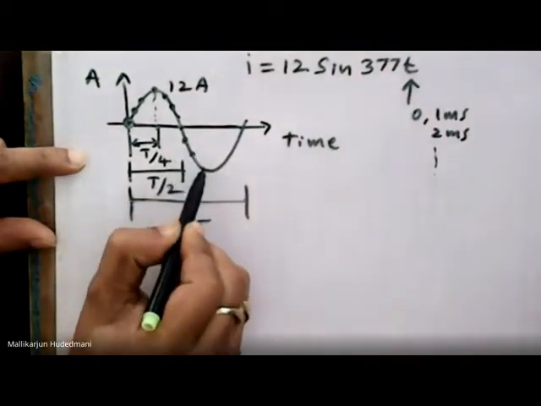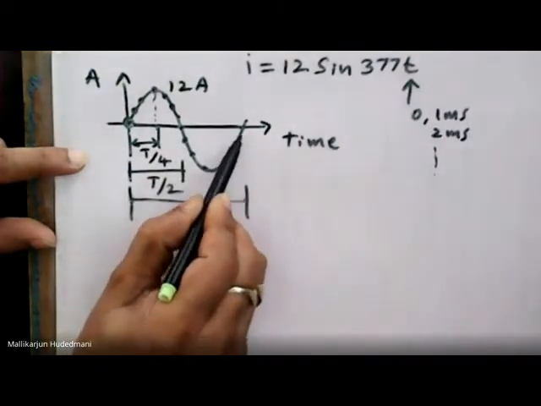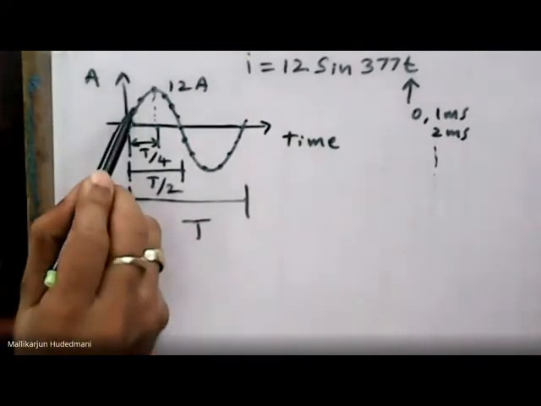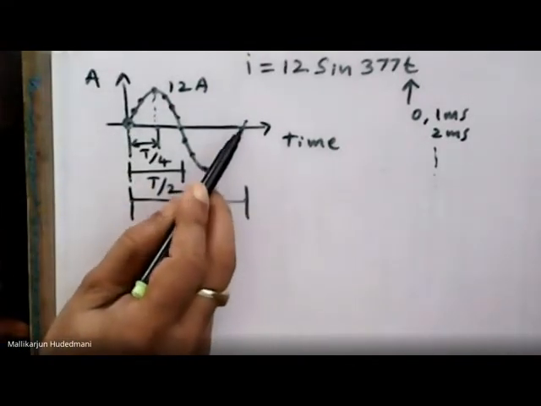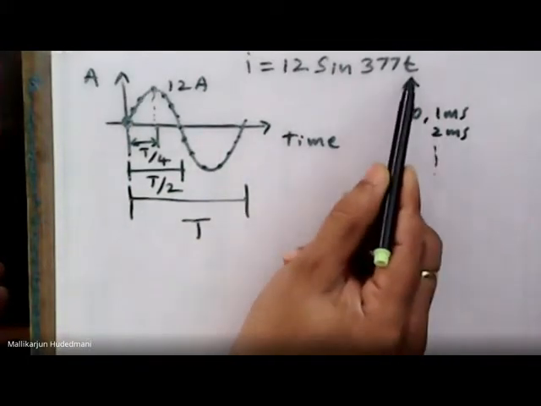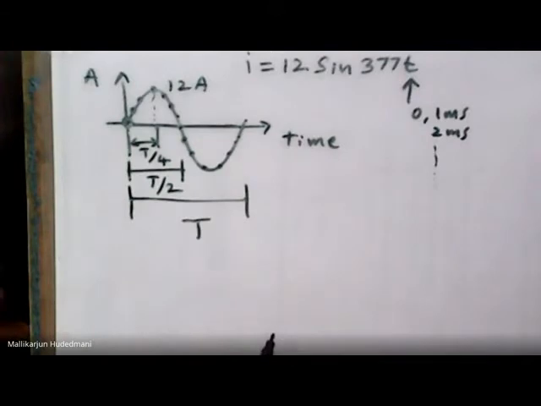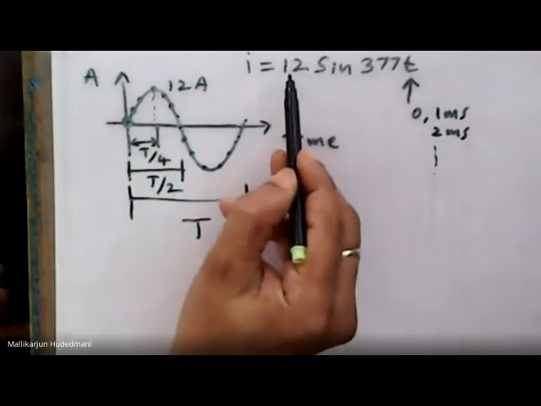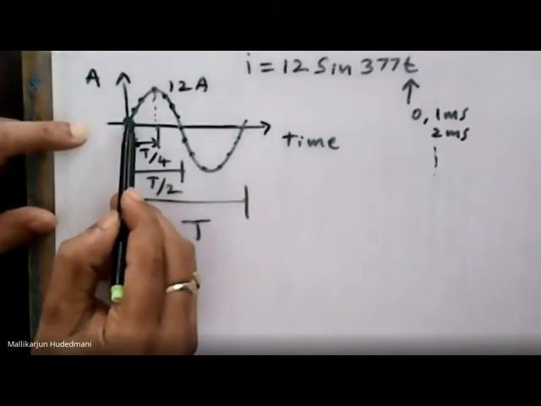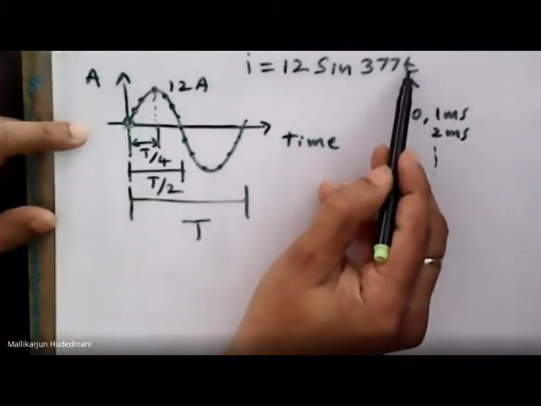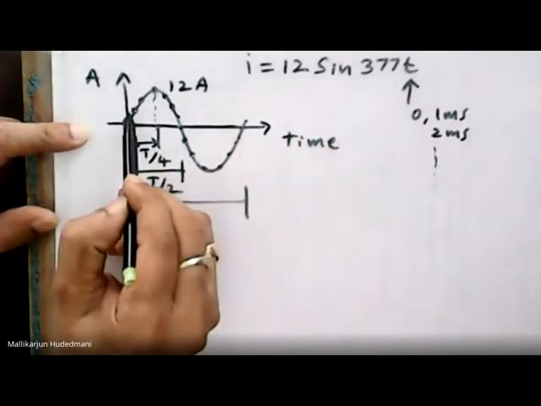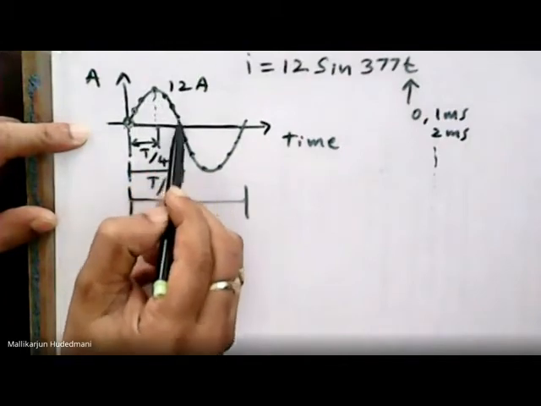And if I join them, it becomes a sine wave. It means the dots which I mentioned on the wave are instantaneous values of this equation at different times. So when t equal to 0, the whole expression becomes 0. That is the beginning point here. When t becomes 1 millisecond, some other point. If I substitute 1 millisecond and calculate numerically, it gives me one value. That is the one value marked here. Second value, third, fourth, fifth, sixth, this way.